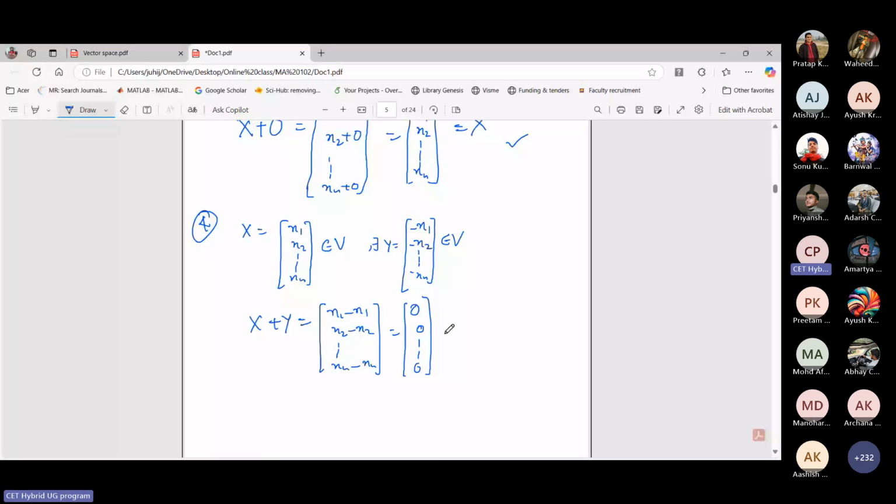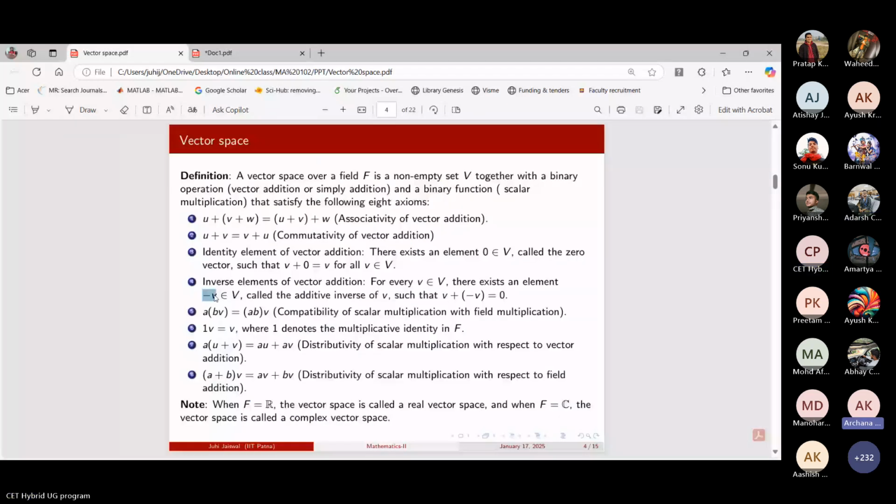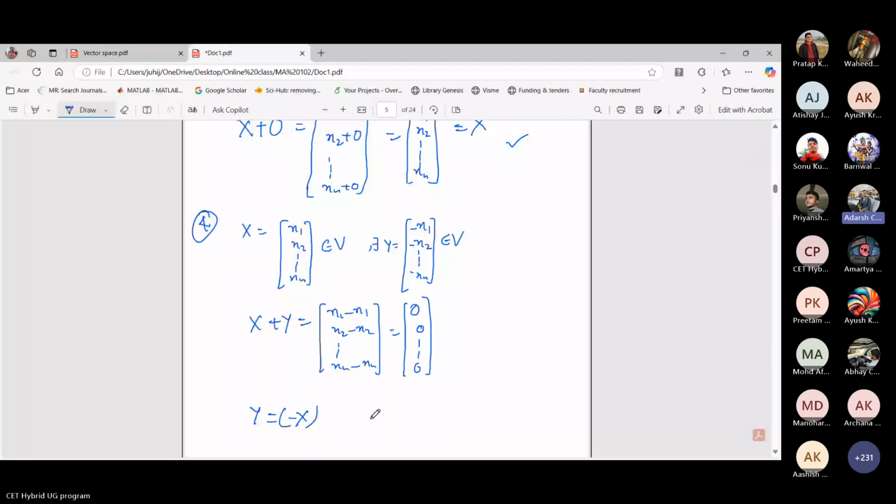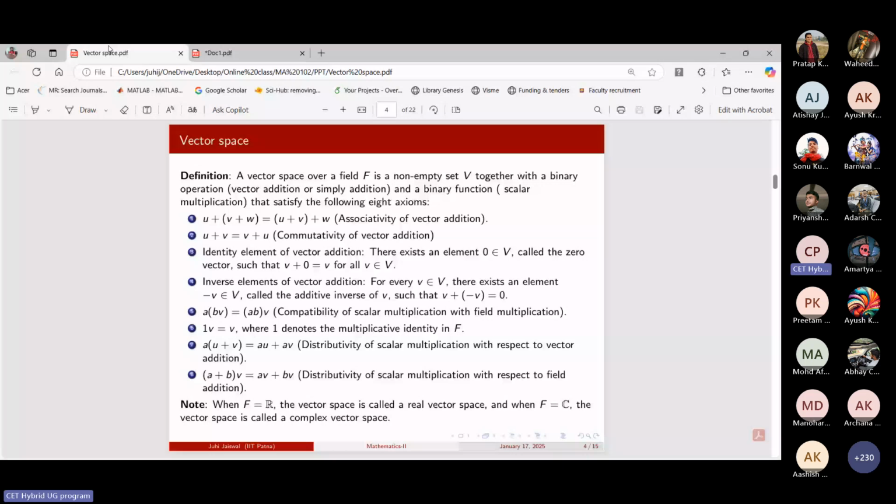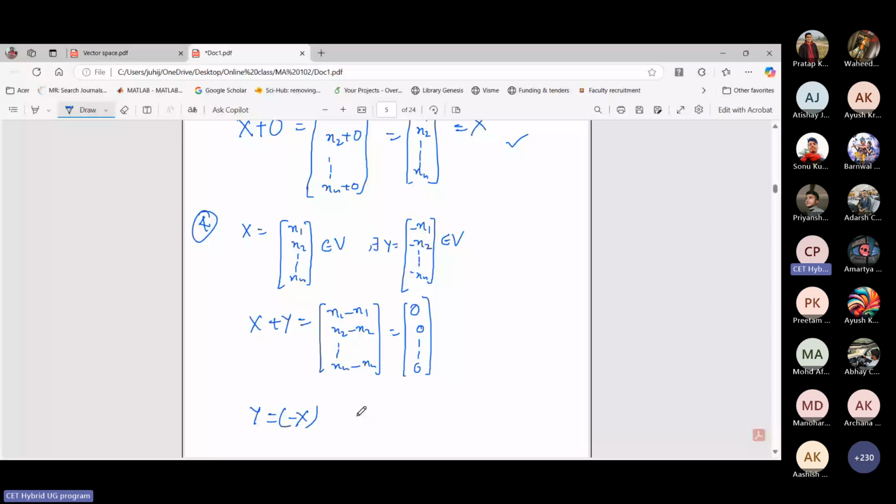So this y is what? Can I denote this y by minus of x? Because this is just a notation, minus v, negative of that. So existence of the inverse of vector addition is satisfied. Fourth criteria is also satisfied.